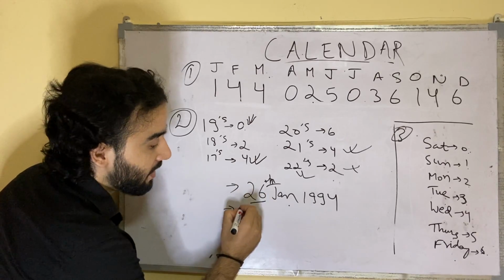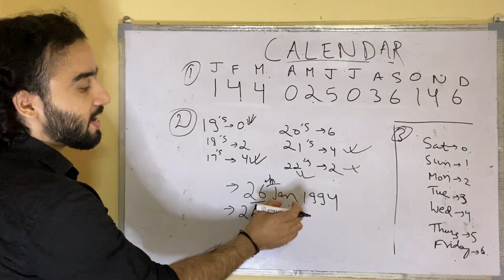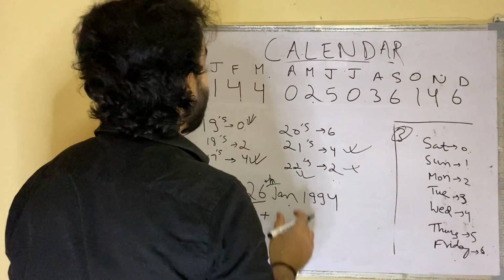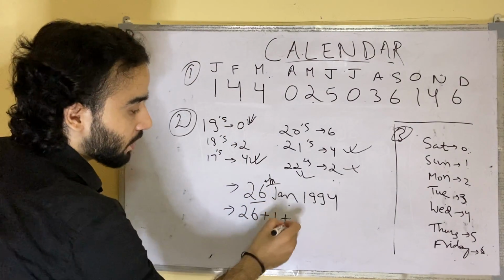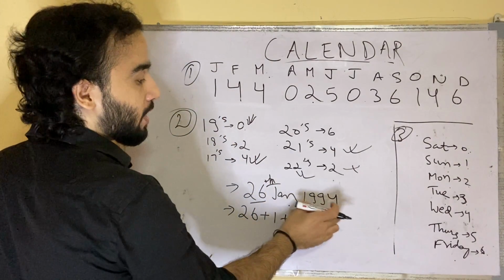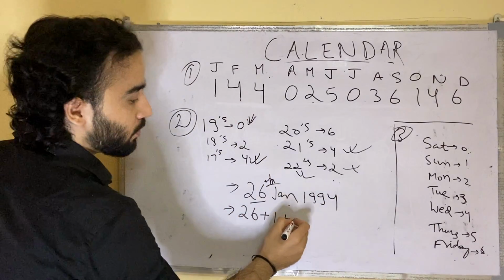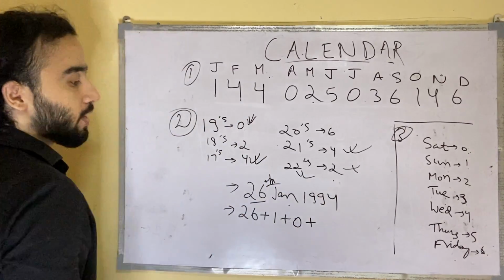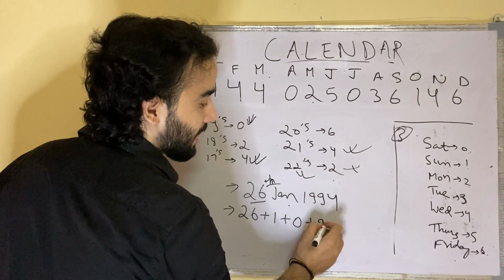Second, for January, I have told you the number is 1. Put 1. Plus, for the 1900s, what is the number? It's 0. Put 0. Now put 94, these two digits, like this.